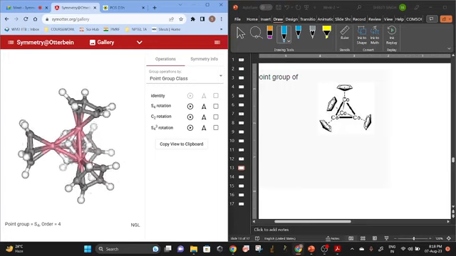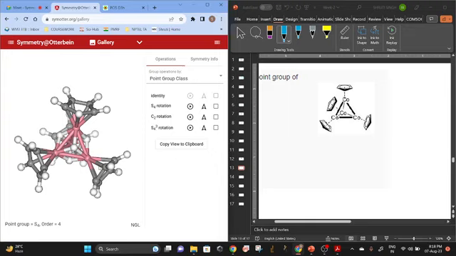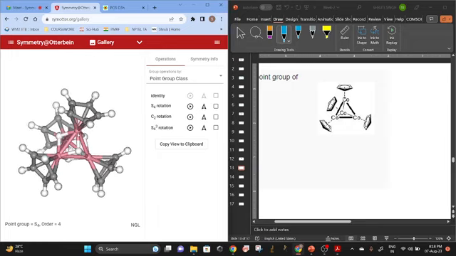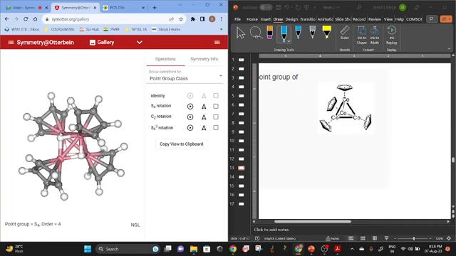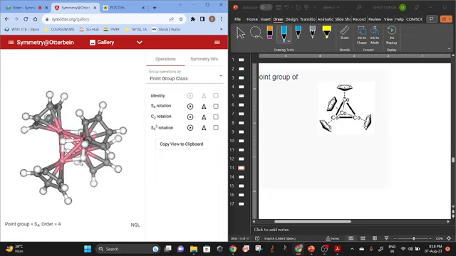Now the pink atoms are Co, cobalt. One Co is connected to 3 COs and one Cp ring. This cobalt is connected to 1, 2, 3 and this one Cp ring, and there is one difference, I think. This bridging thing is not given here.